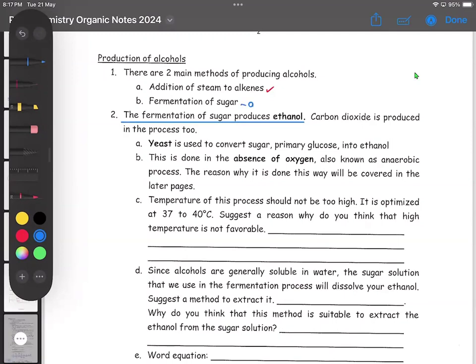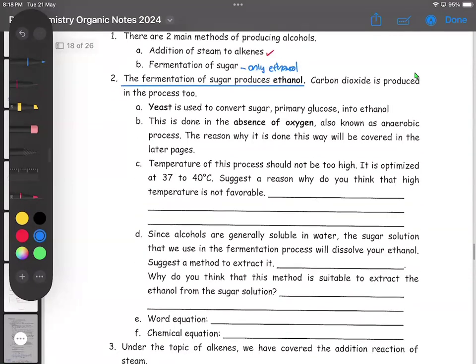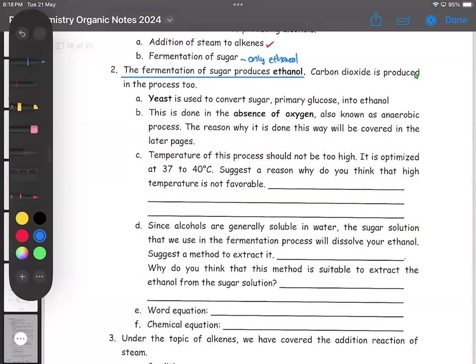So remember, only ethanol, and CO2 is produced in the process. So let's look at fermentation. We use yeast, and this yeast can convert sugar, or glucose, into ethanol. This is done in the absence of oxygen.